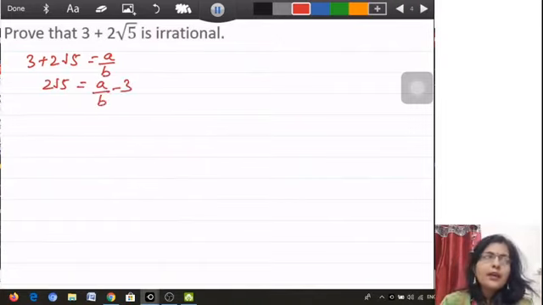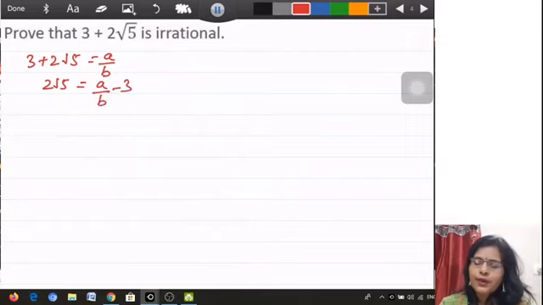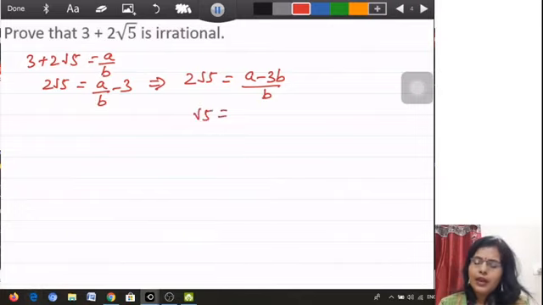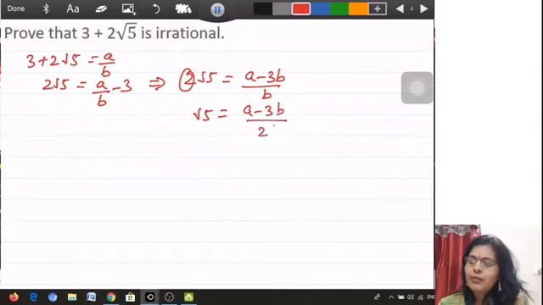We can write 2 root 5 is equal to a minus 3b upon b, and here root 5 is equal to a minus 3b upon 2b.